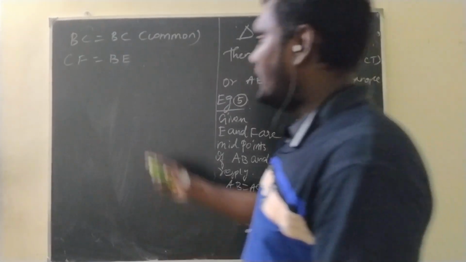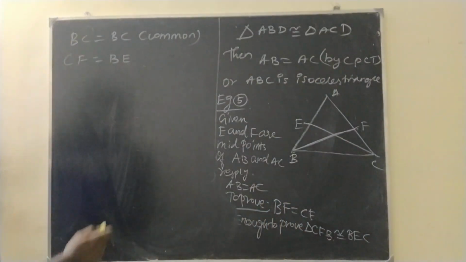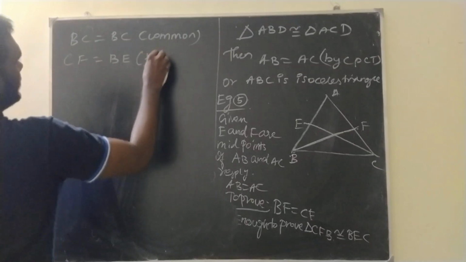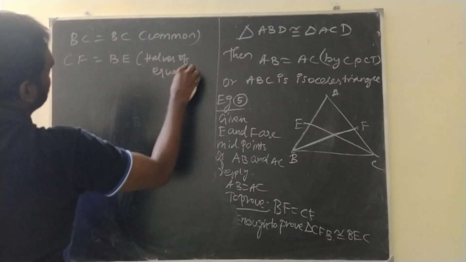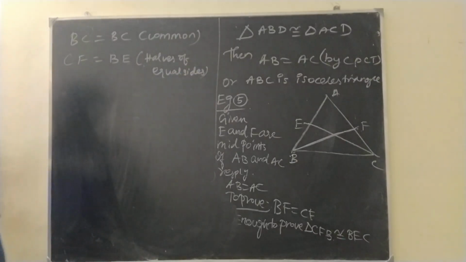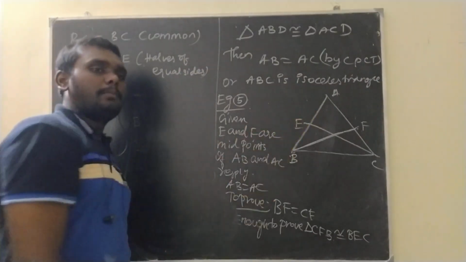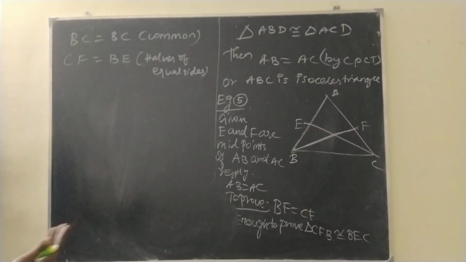CF is equal to BE, which means they are halves of equal sides, since E and F are midpoints, or simply you can write given. Also, is there any other thing we can say?